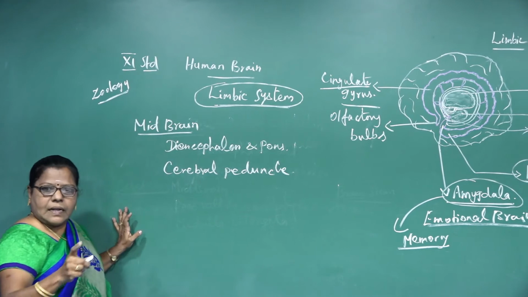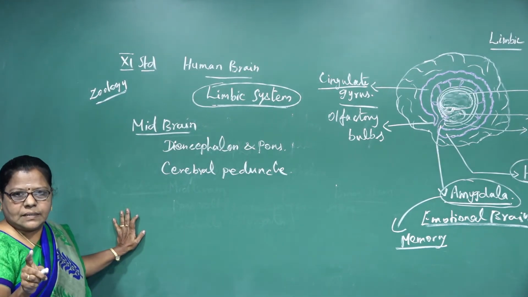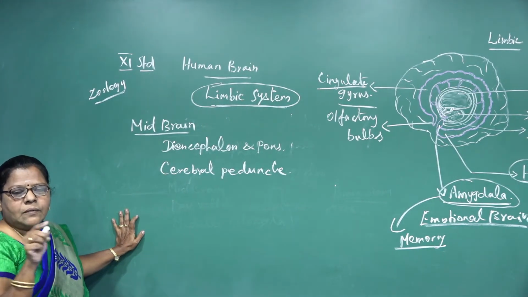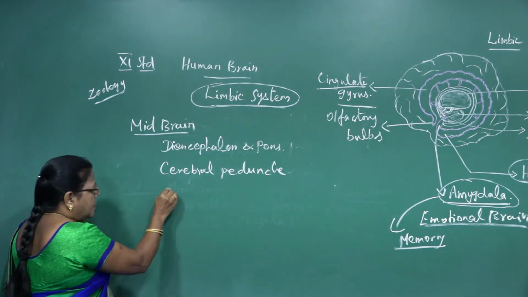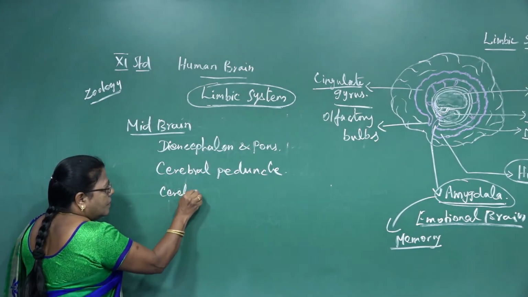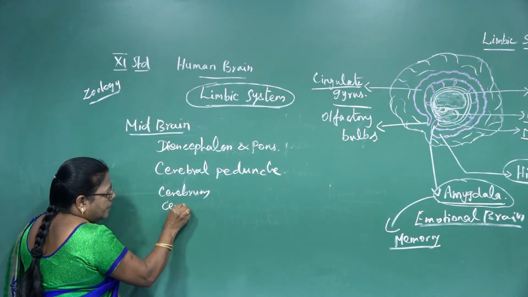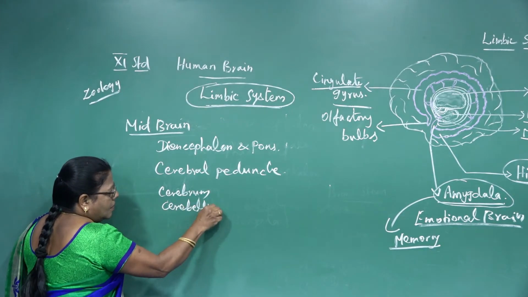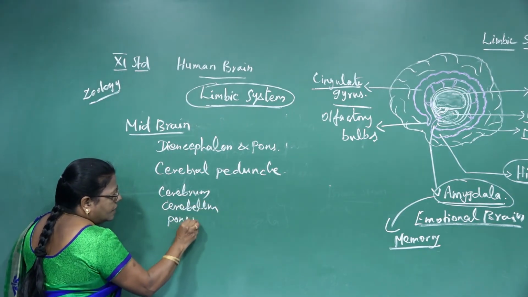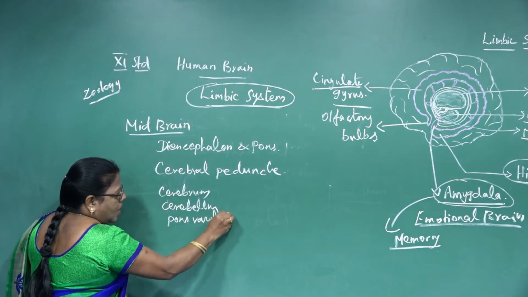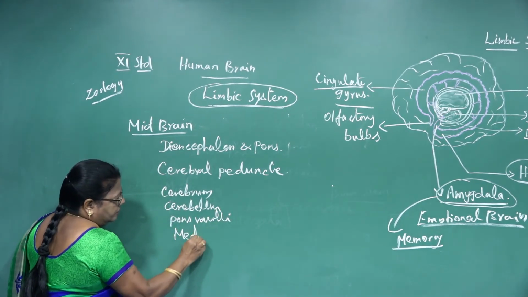This cerebral peduncle relays the stimulus back and forth between the cerebrum, pons varoli, and medulla oblongata.